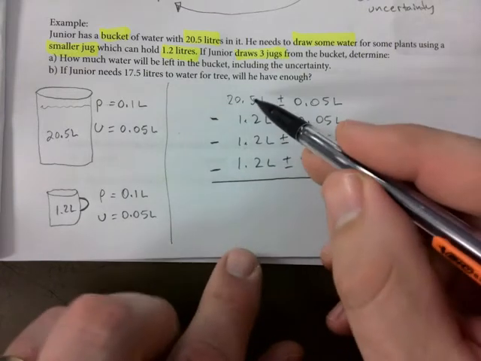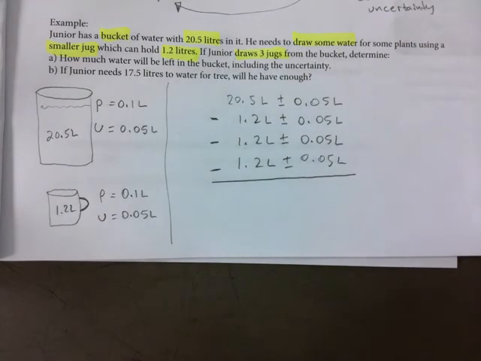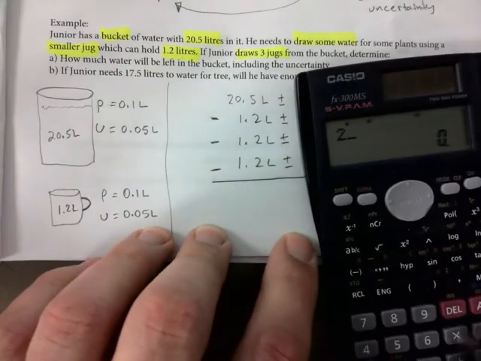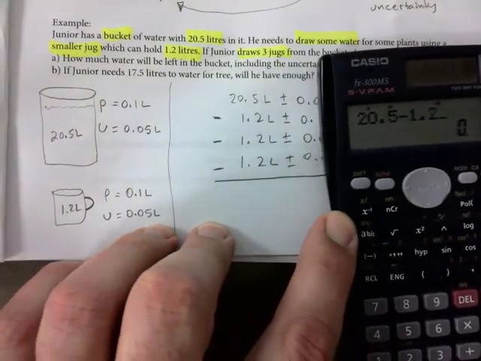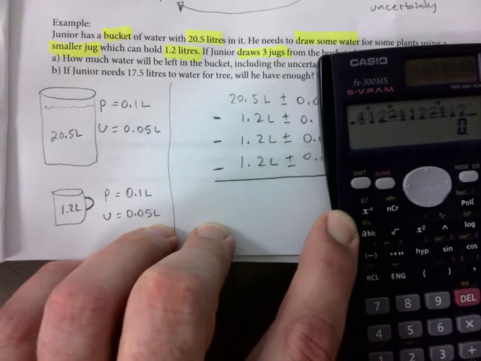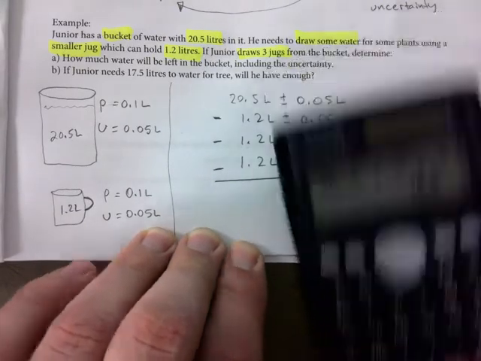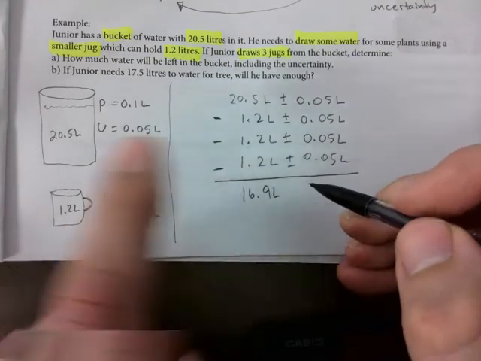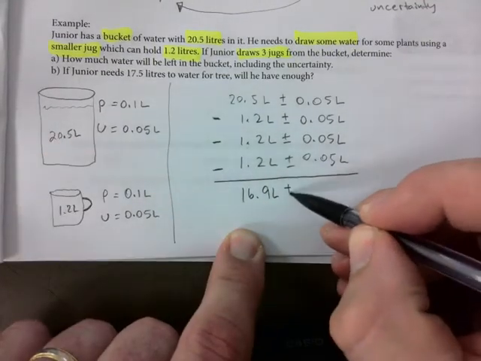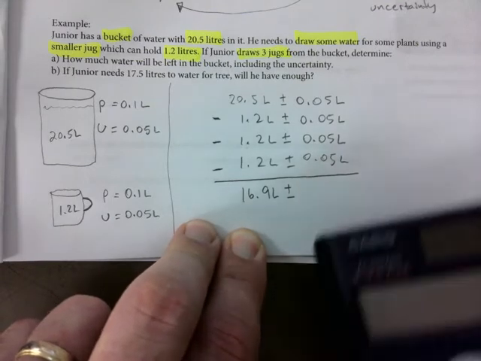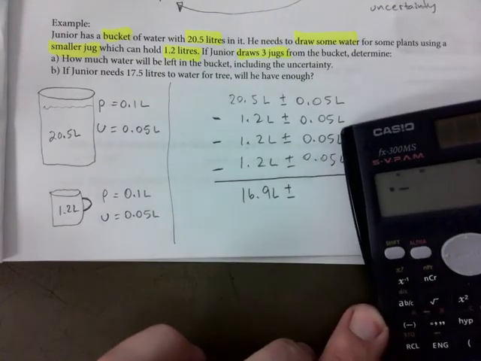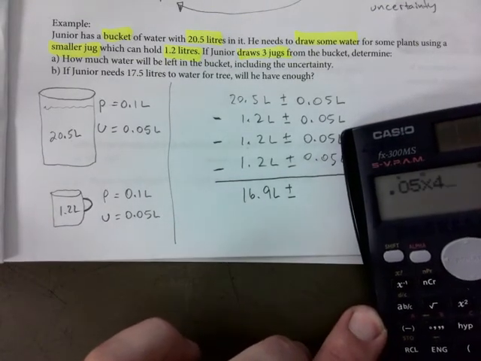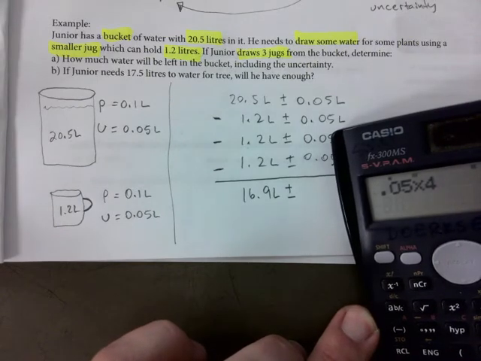And so let's do this. I actually have the answer key, but I will walk you through it. So if you want to do it this way, that's 16.9 liters left in that big bucket, plus or minus. I'm going to cheat here. I'm going to go 0.05 times 4 instead of adding it 4 times.